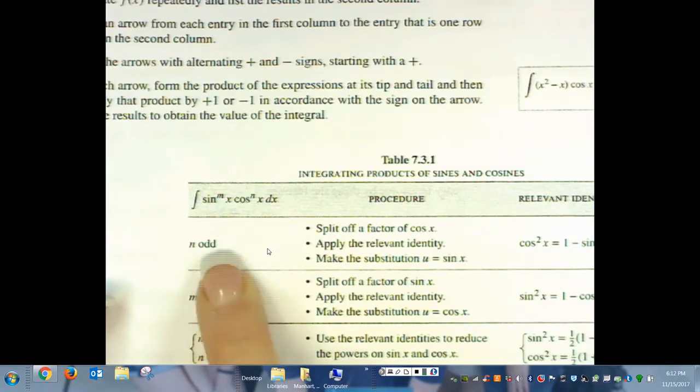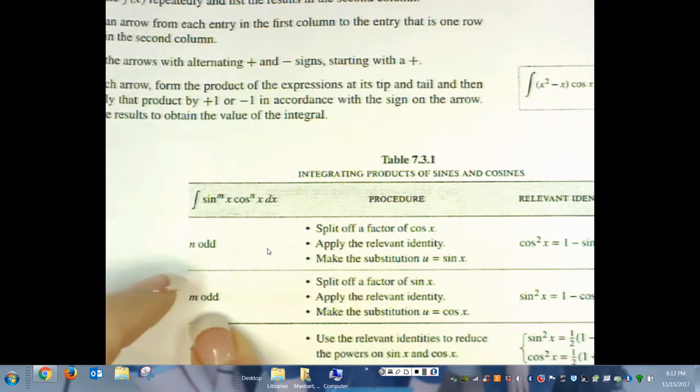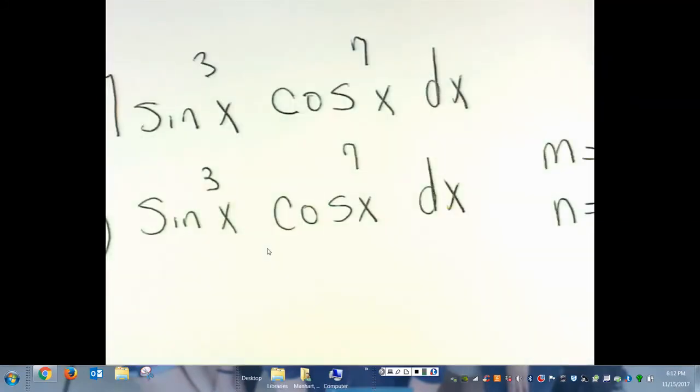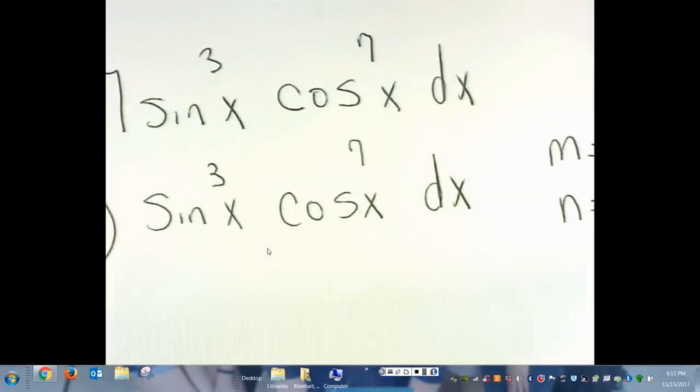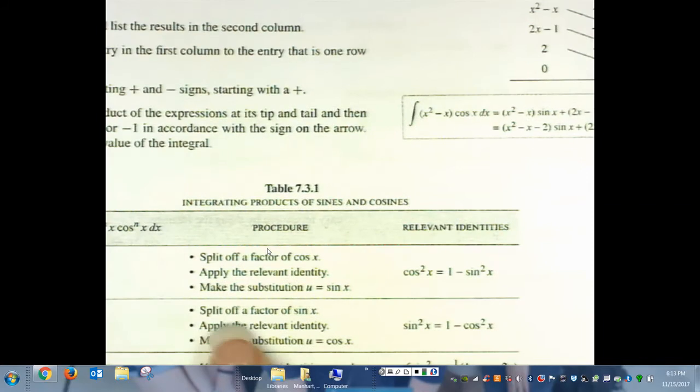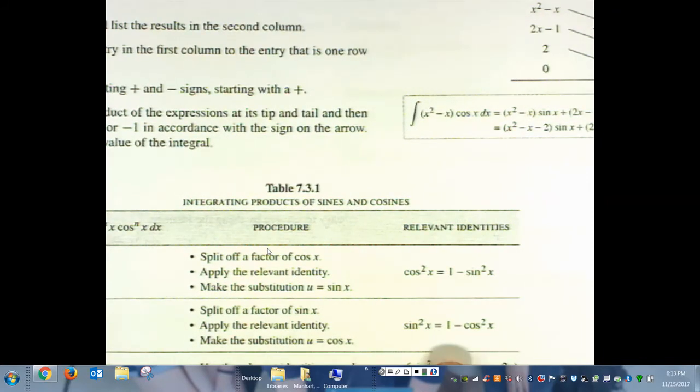Regardless of which way you go, you will be able to prove that the answers are equivalent. They might apparently be in different forms, but the final answers can be proven to be equivalent to each other. So I am going to use the case where M is odd. And the bullets say split off a factor of sine, apply the relevant identity, and make this particular U substitution.